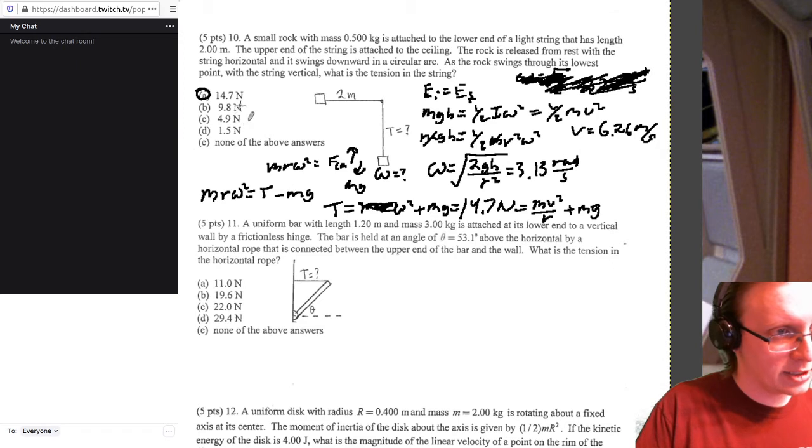9.8 is here for people who don't realize that this thing is moving, and therefore we need to have some more tension in it. I'm not sure what any of the rest of these are. I suspect one of them is what happens if you take the difference instead of the addition.